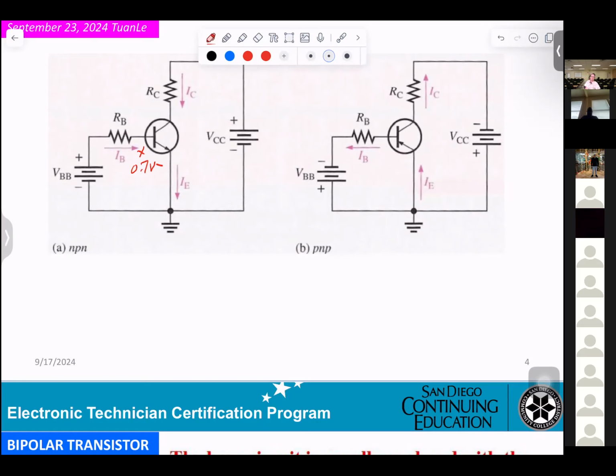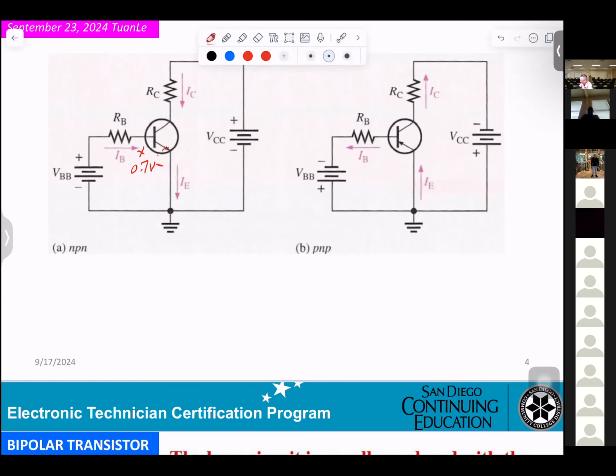How come you get 0.7 volt? The thing is this, the diode: if it's on, positive here, negative here, 0.7 volt. So what we have to do is try to calculate what the VB voltage is, what the VC voltage is, whatever is related.